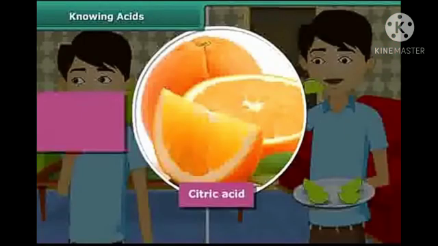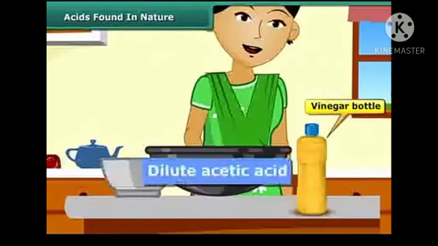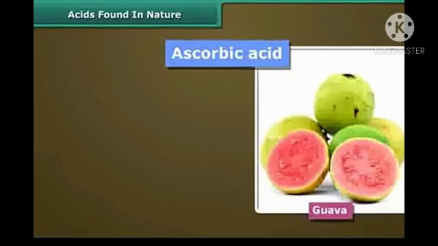Some acids we know, for example, orange and lemon contain citric acid. In the kitchen we use a vinegar bottle. Vinegar contains dilute acetic acid. Guava fruit contains ascorbic acid.